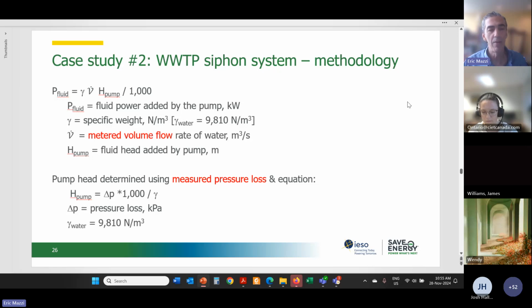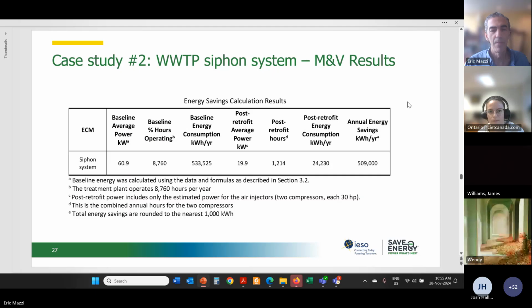So we effectively measured the fluid power delivered by the siphon gravity system. And then we said, how much electricity would it have taken to deliver that same fluid power on an hour-by-hour basis? I think it might have been 15-minute even. Does that make sense? Yeah, thank you.